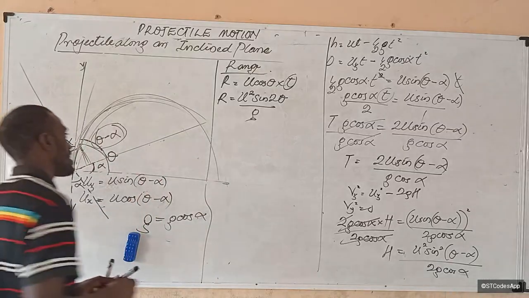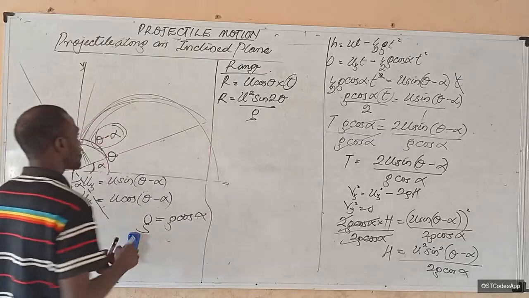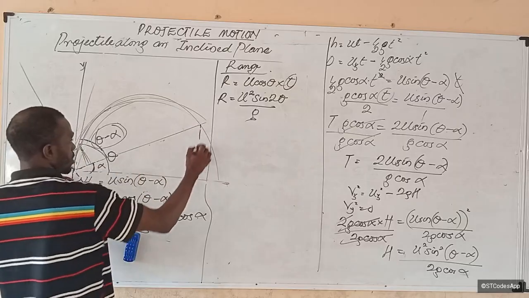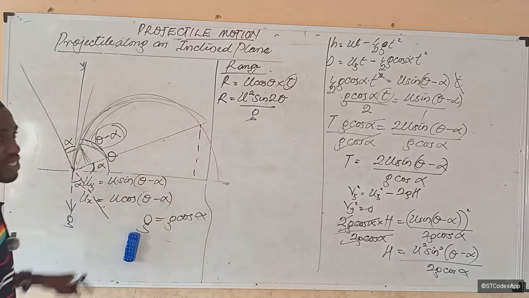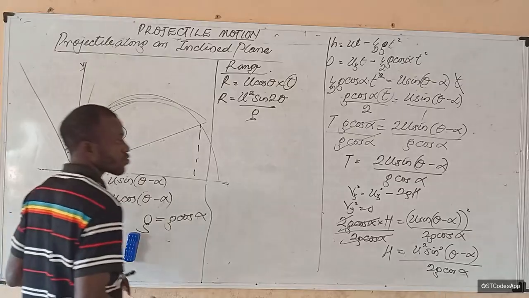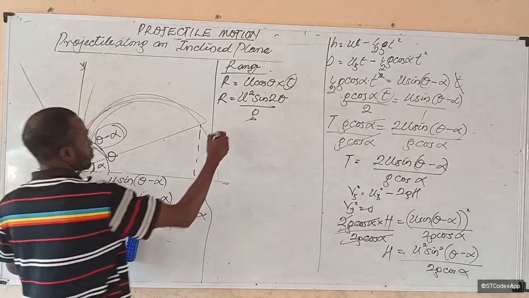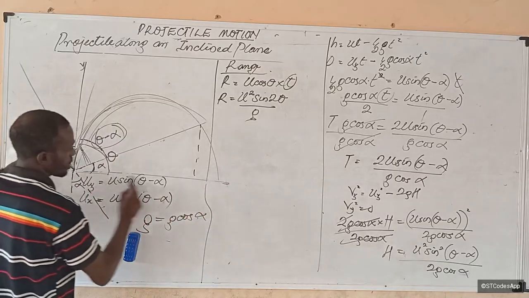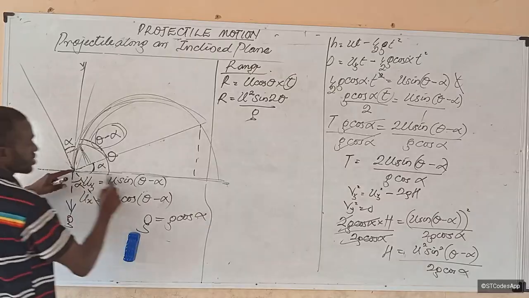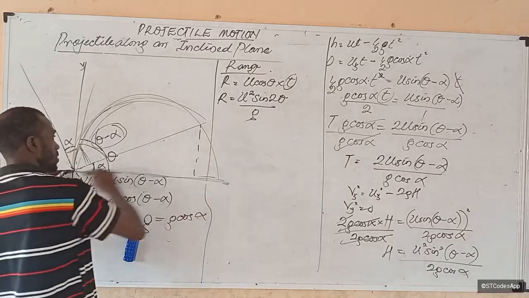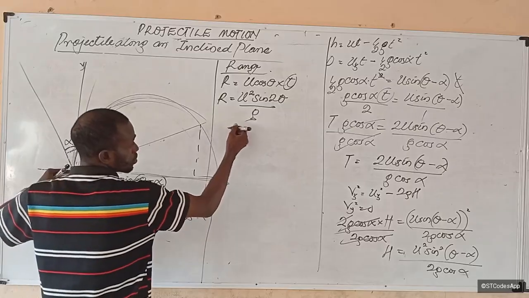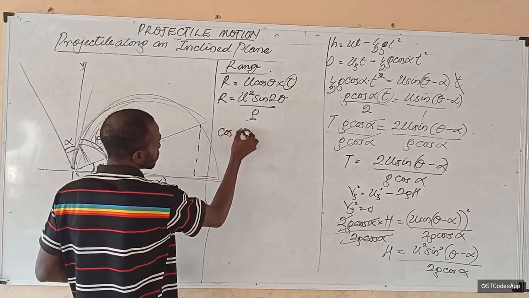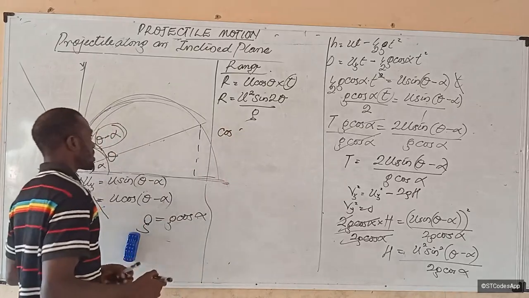So the range here is going to be the value of the hypotenuse of a triangle here. So what does that become? What we just calculated is this place. These are the adjacent, and these are the hypotenuse. So which trig function relates them? That is cos theta. But what is our theta here?